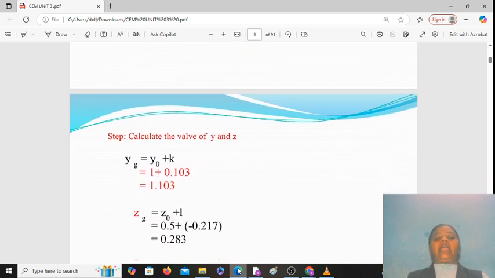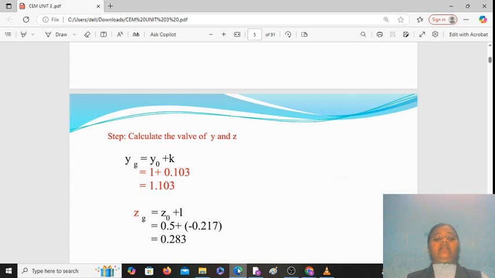Last step, we calculate yg and zg. Formula for that, calculate the value of y and z. yg is equal to y0 plus k. y0 is 1 and k is 0.103. We got answer yg, that is yg is equal to 1.103.